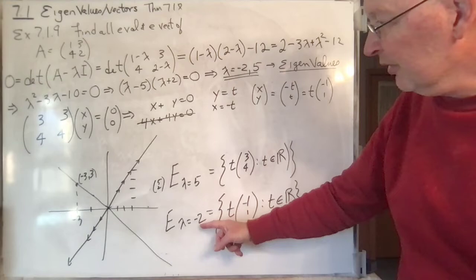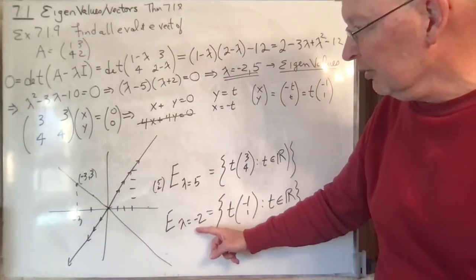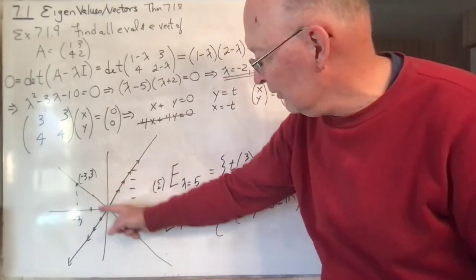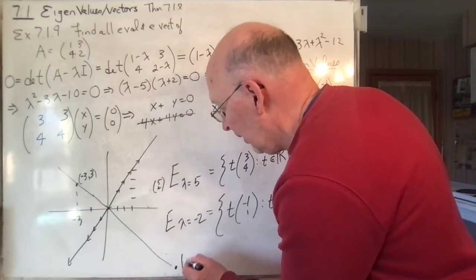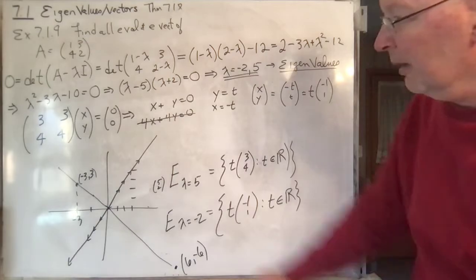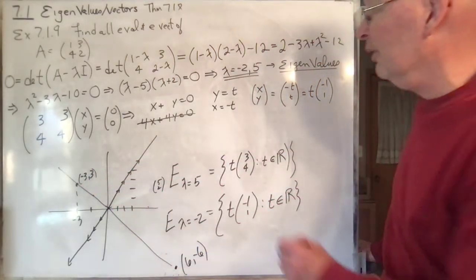I claim that what's going to happen is it's going to take this vector and send it to a vector which is this thing times -2. So if I take this vector times -2, it's going to end up down here, at (6, -6). Let's go ahead and do it.